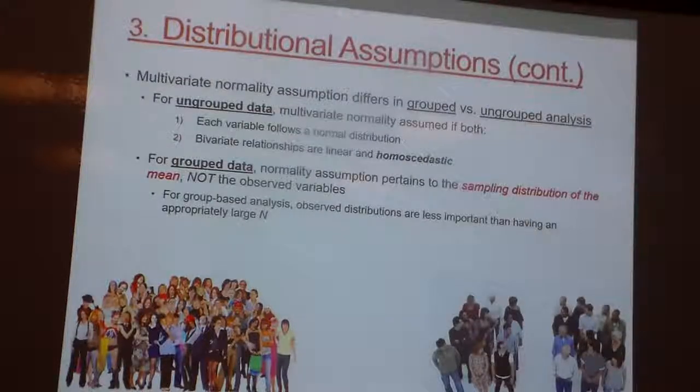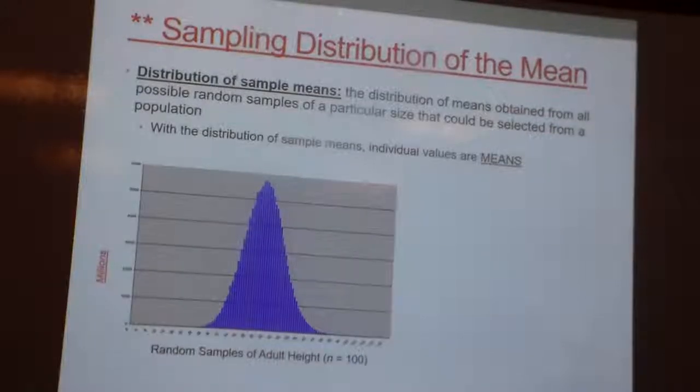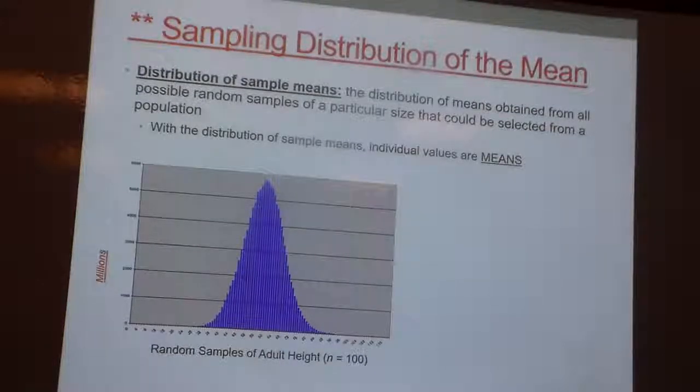All right, so review: distribution of sample means, right? Again, this is the distribution of all possible samples of a given size that could be drawn from the population. In a distribution of sample means, the individual values are means.